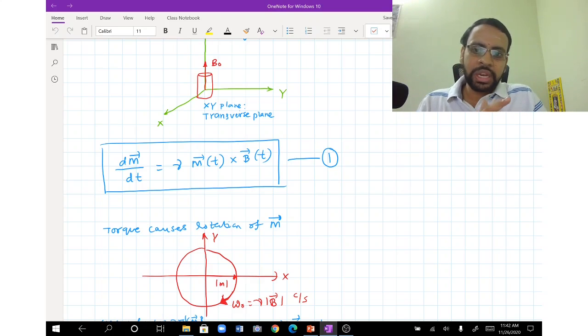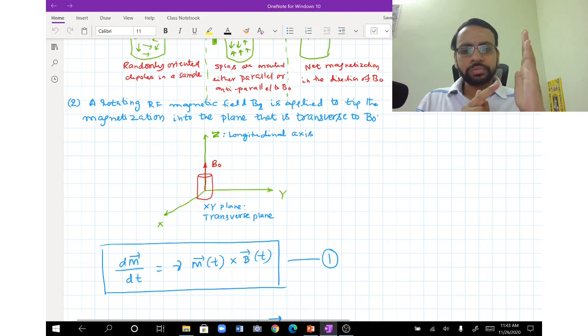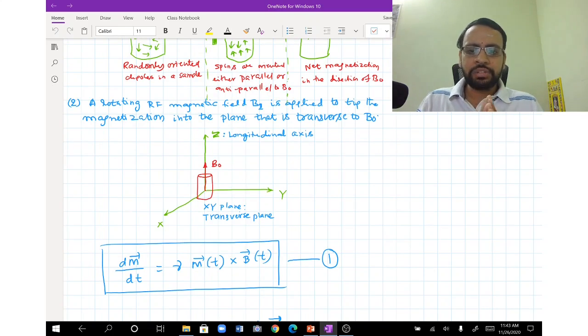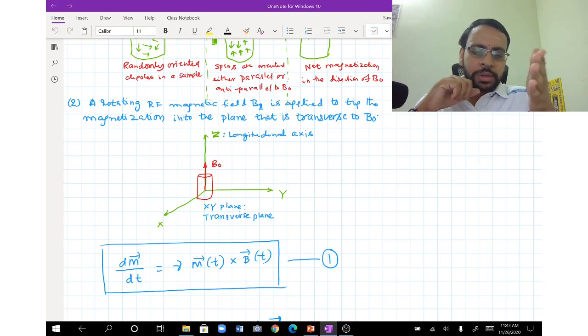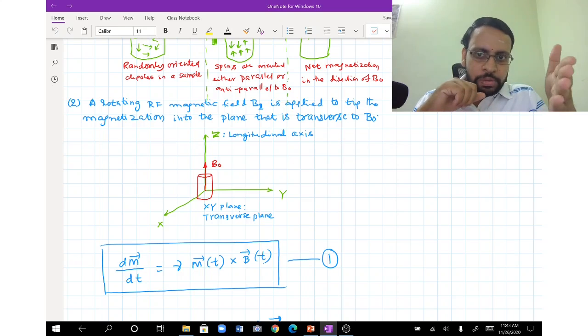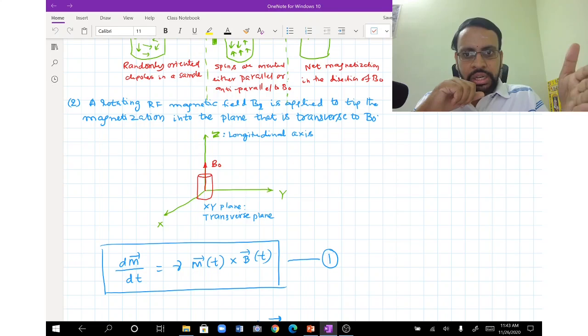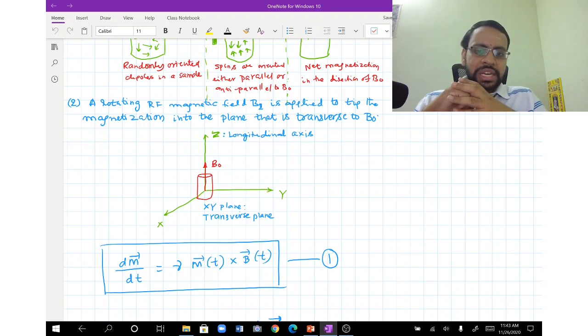So we derived this equation dM bar by dt equals gamma times the cross product of M bar of t with B bar of t, and the rate of change of angular momentum is giving you torque. That's how we derived this equation in the last class.